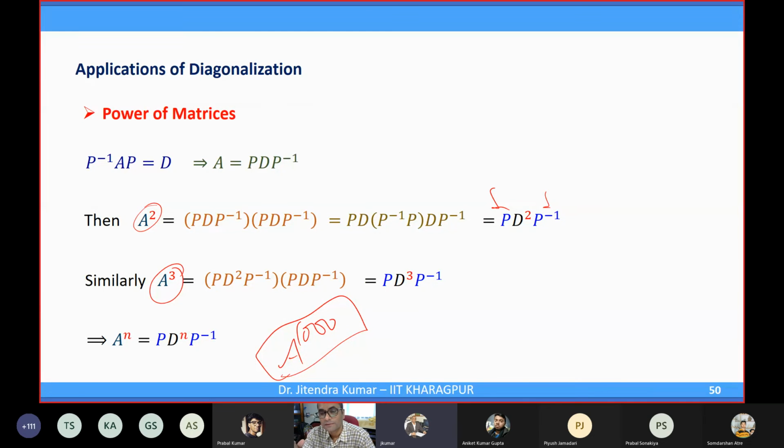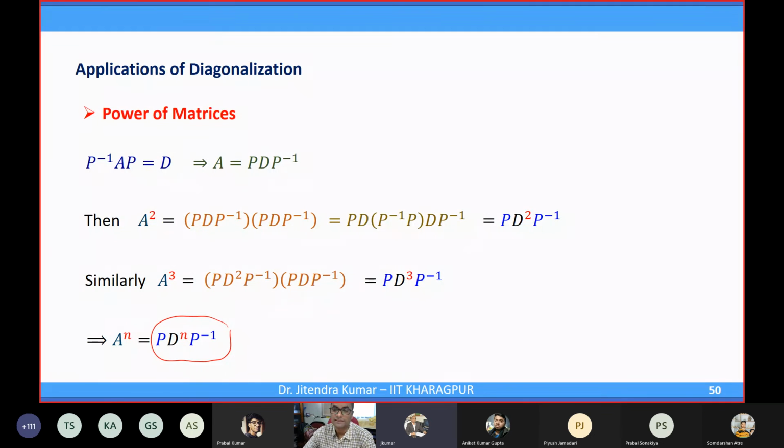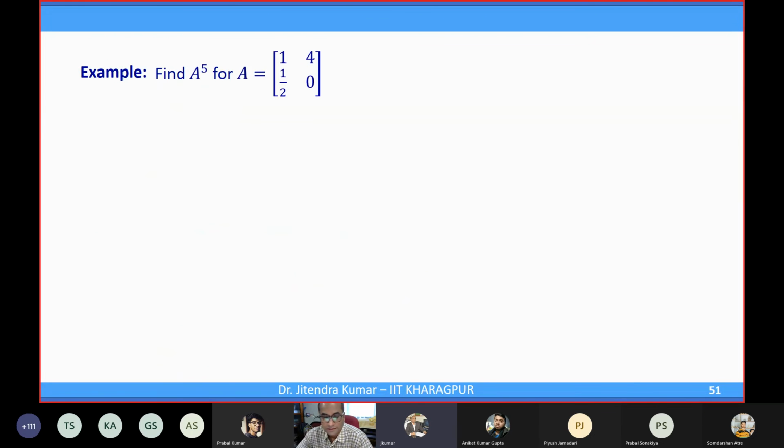But if you get just your P and P inverse, then D power 1000 is nothing. That's just the power of the entries in the diagonal of this matrix D. And as you can realize, this is much simpler than getting the power of A.